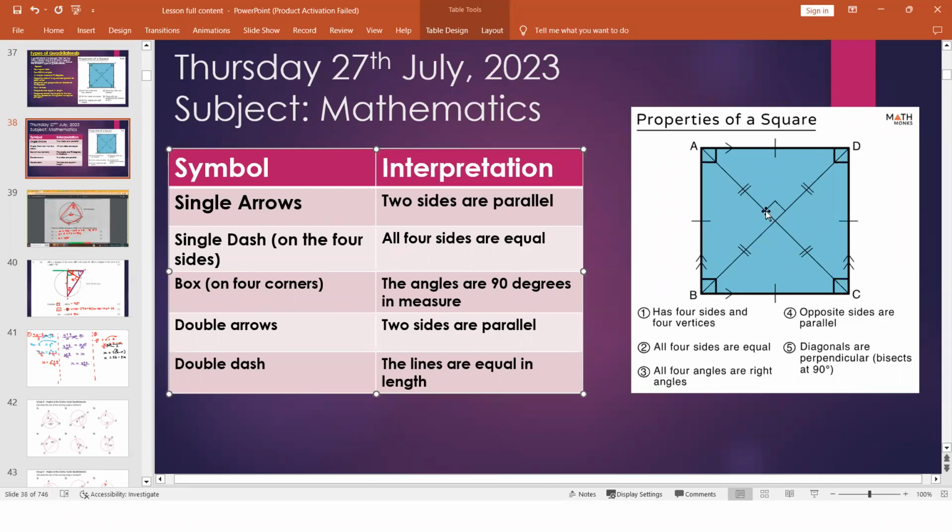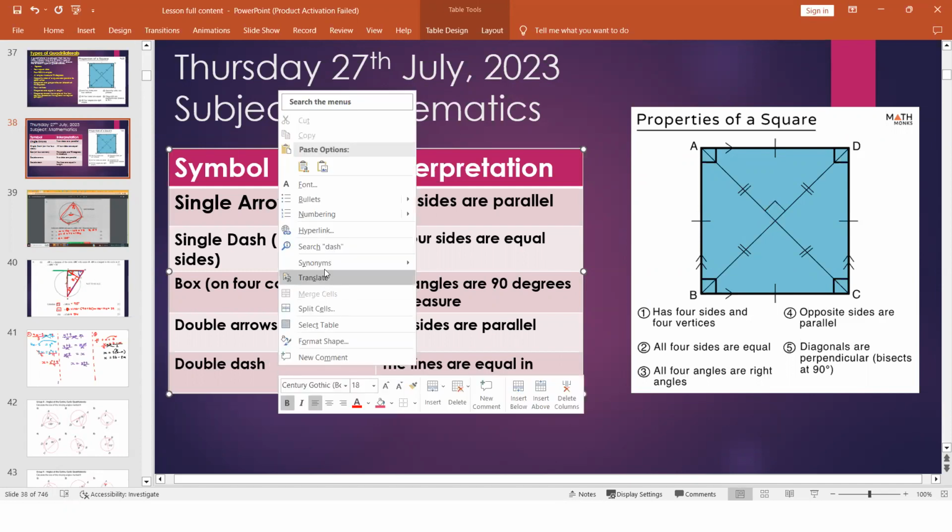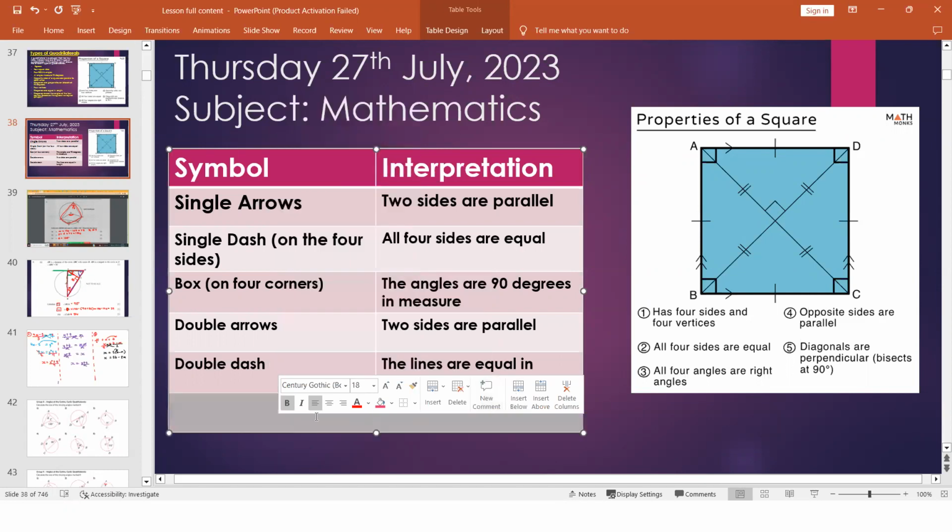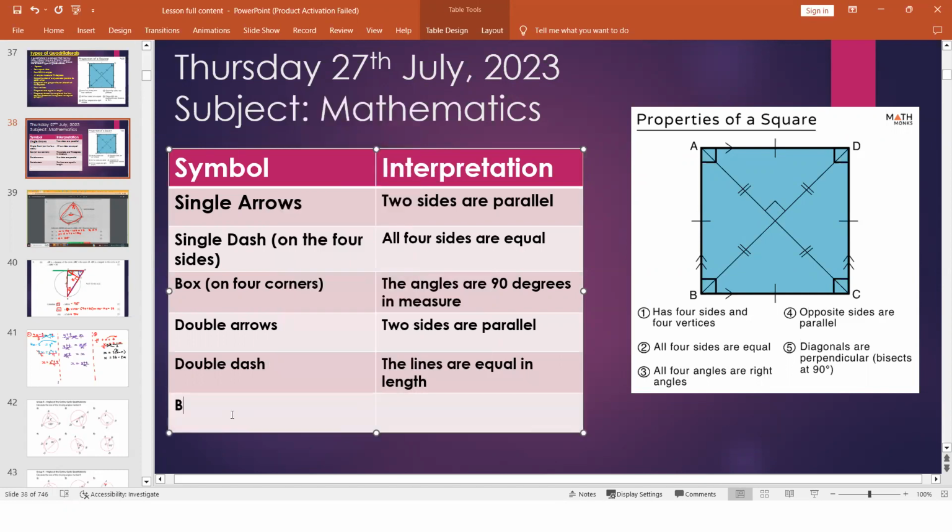And then this box right here in the center. So the box in the center indicates what?